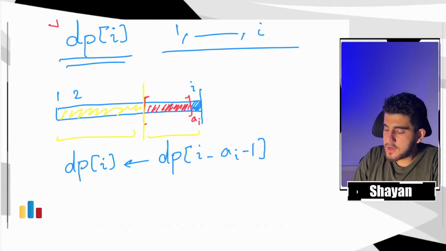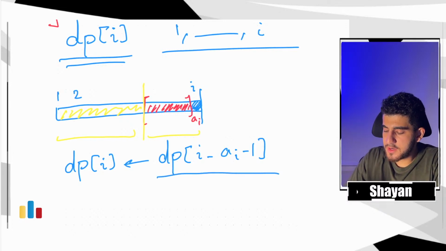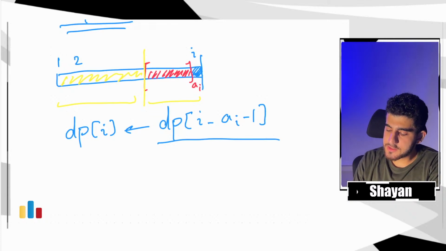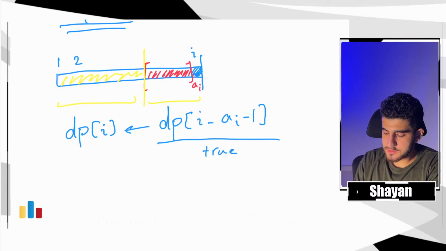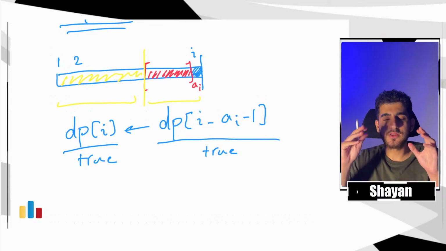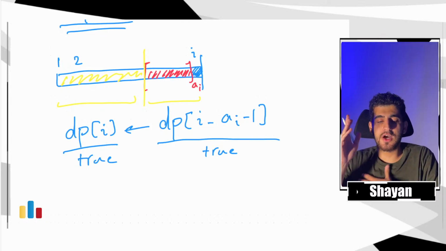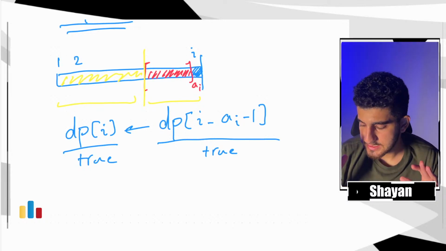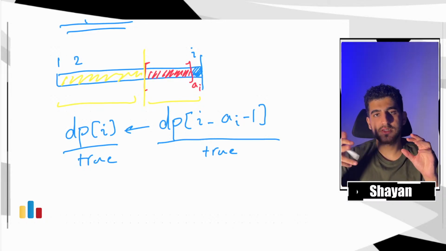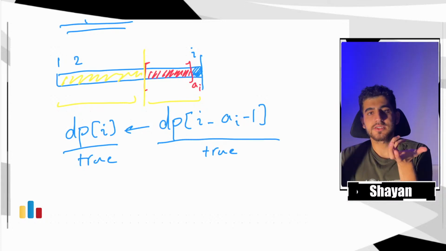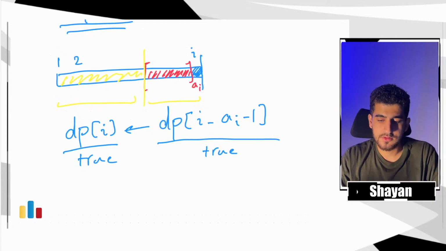So DP of I can be updated from DP of I minus a sub I minus 1. If this is true, then this one becomes true. So this is the first case. The point is, if I consider the first I elements, and the last index is the size of the last segment, then I need to update my DP from DP of I minus a sub I minus 1. Right?